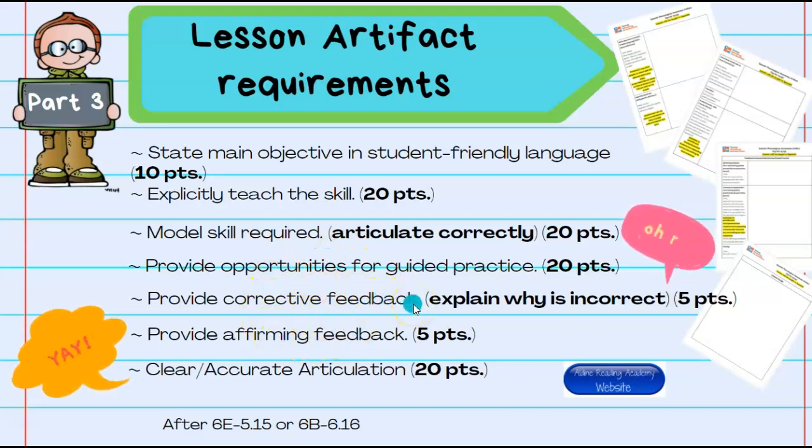That means a moment where you identify that the students have answered incorrectly and you explain briefly to them why they answered incorrectly. Okay? And then you will ask them to try that word again.